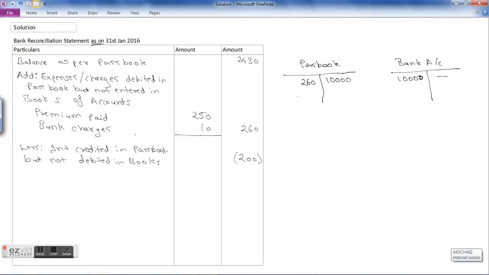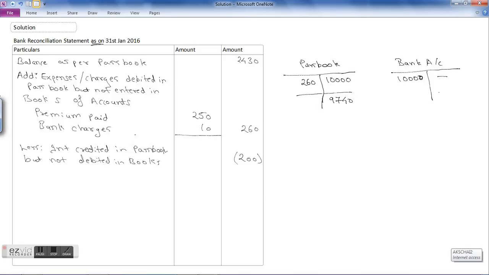Now if you see this, what is the balance in the bank passbook? 10,000 minus 260, that comes to 9800 minus 60, correct? 9800 minus 60 is 9740.